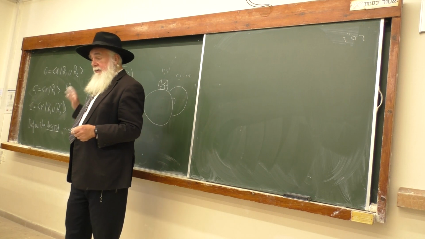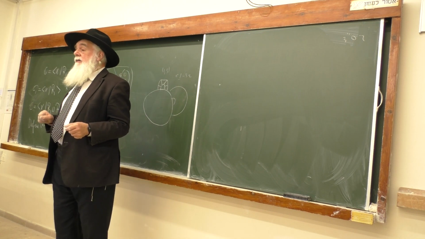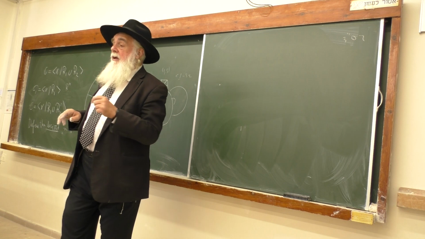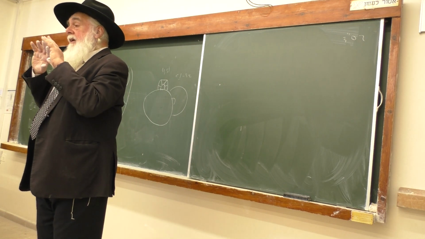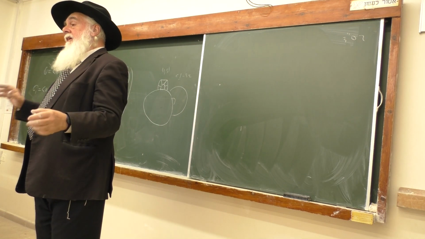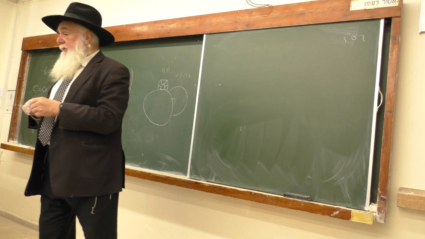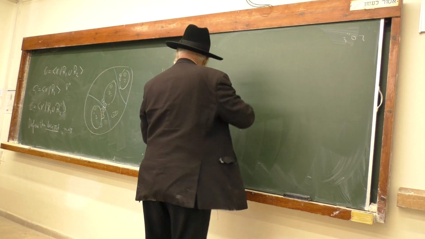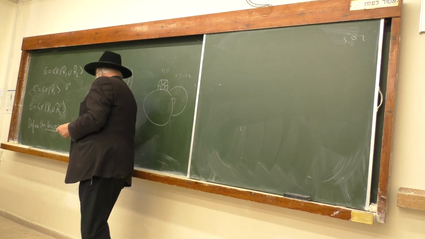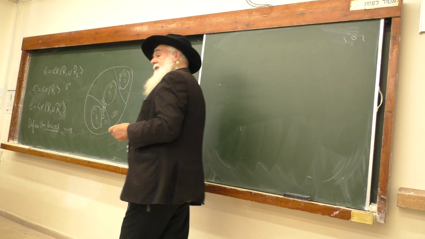Because of this condition, I claim we will have the same kind of a convex layer structure. Let me explain this. So now we are just inside one derived region.